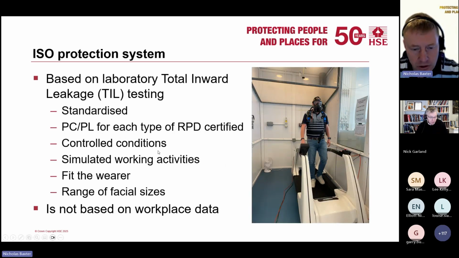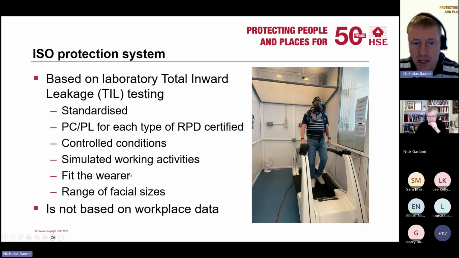These protection levels, instead of being generated by workplace data, which we see with the assigned protection factors now, will all be based on laboratory tests, which are based on the total inward leakage testing, a test that's carried out to measure the performance of RPE in the laboratory. So in theory, this should be a standardized test. One test house to the next test house will be doing the exact same test, effectively on the same instruments, using the same techniques in controlled conditions.